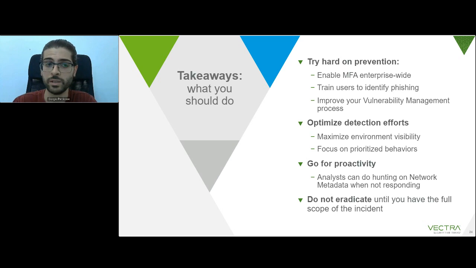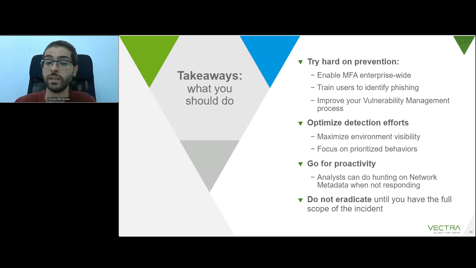So maximize the visibility on your environment. Deploying more sensors, more Vectra sensors, can be one good example, but of course, the more visibility in many different ways, the better. And try to prioritize as much as possible, because you don't want to focus your efforts on something that is not that important, that critical.